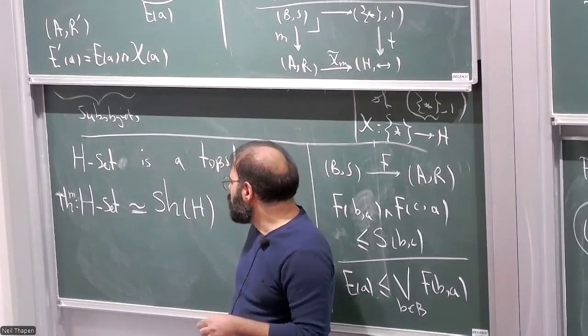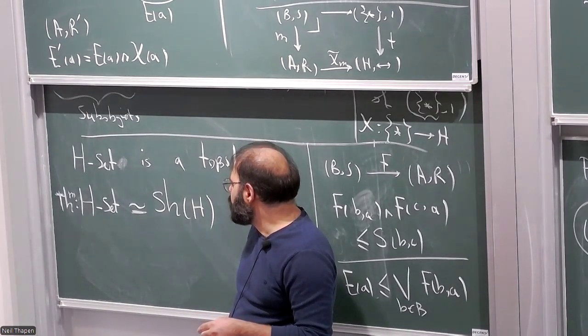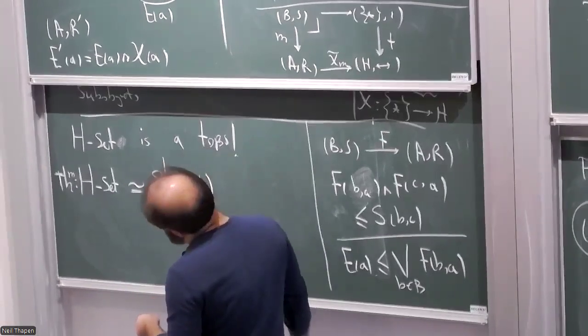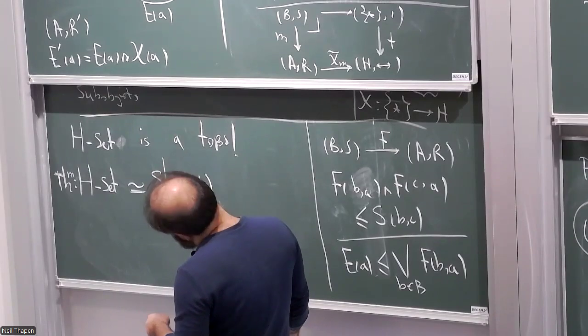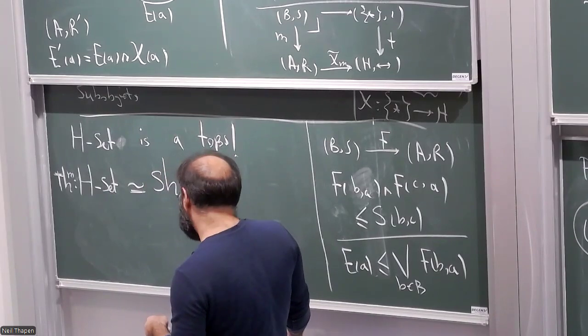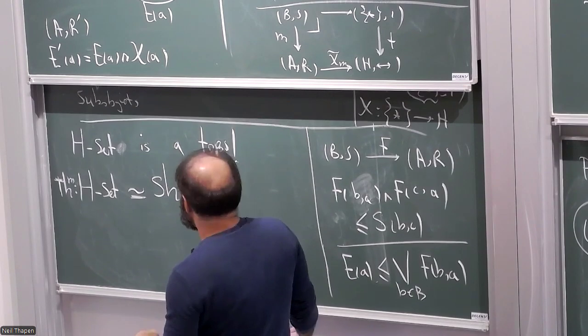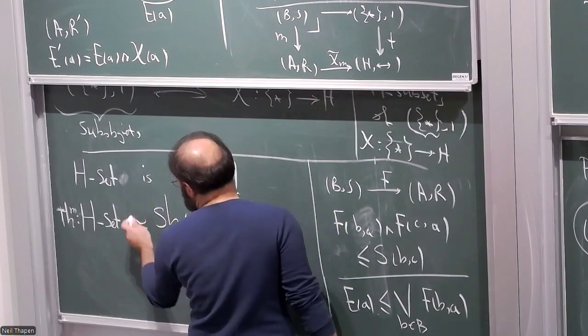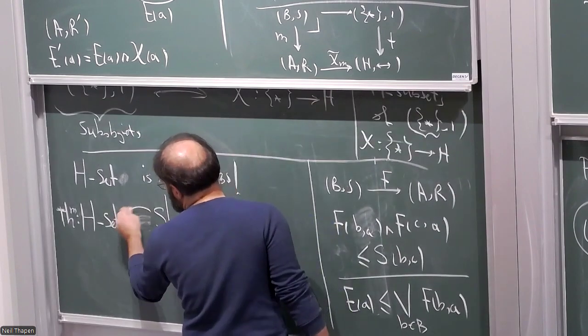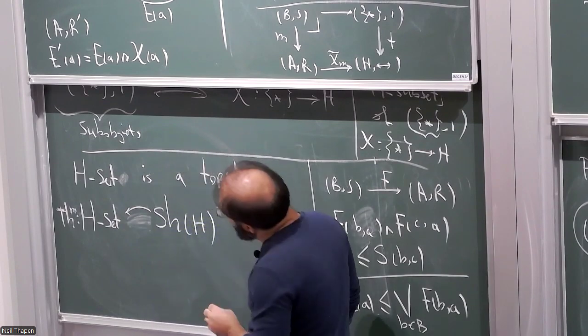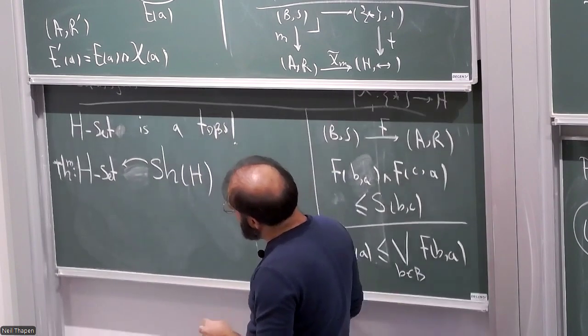So how to provide the equivalence between the two categories? Somehow it's not that obvious, really. One way is easy. So if you want to go from sheaves, let's go this way: from sheaves to H sets, that is not that hard.